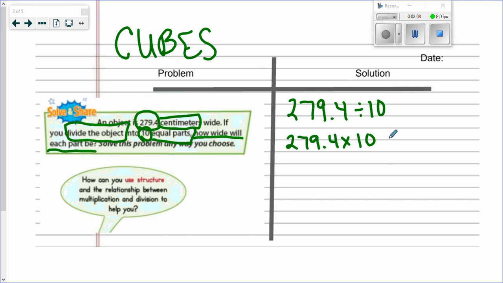So when I do this problem, I know I have a 0 here. And so that means without lining it up and doing multiplication, I can move my decimal point to answer this problem. When I'm multiplying this number times 10, I am going to move that decimal point in place value to this area. So I'm going to move this one place to the right.